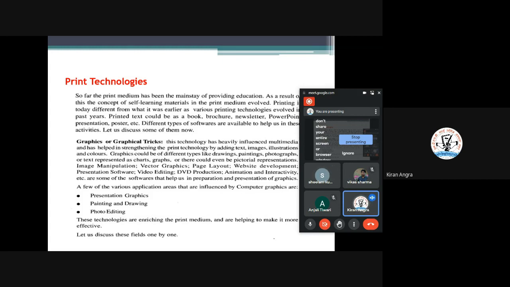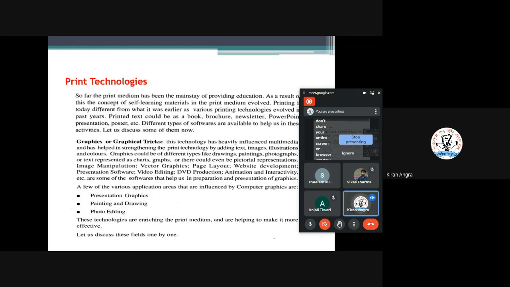So these types of things are called graphics or graphical tricks. A number of software have been developed for this image manipulation. They can be vector graphics, page layout, website development, presentation software, video editing, DVD production, animation, and so on. There are a number of software which have been developed for this graphic or graphical tricks.